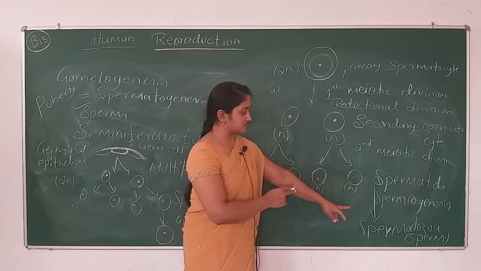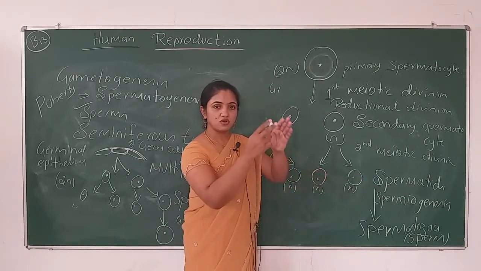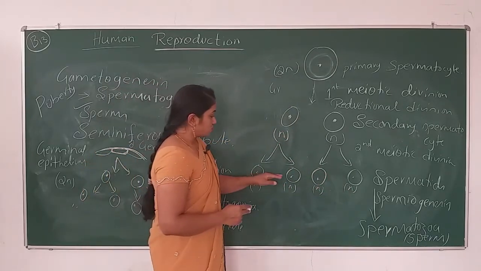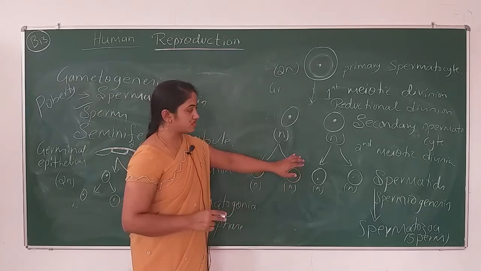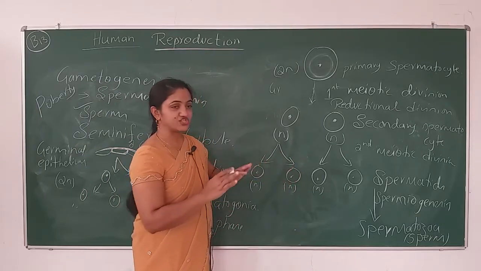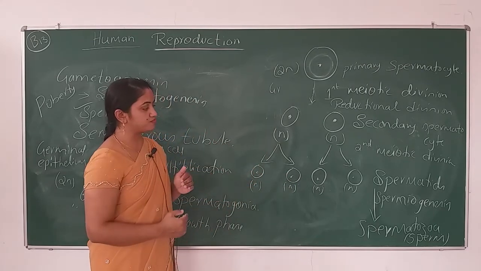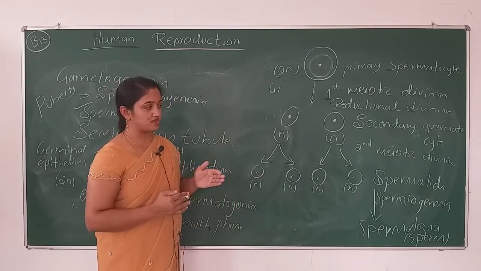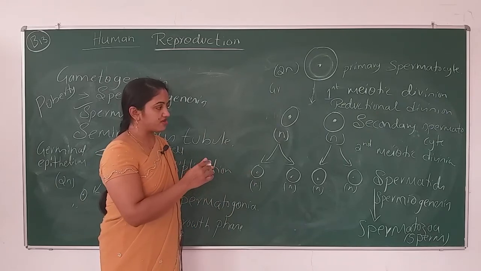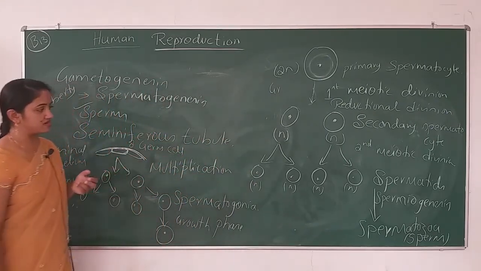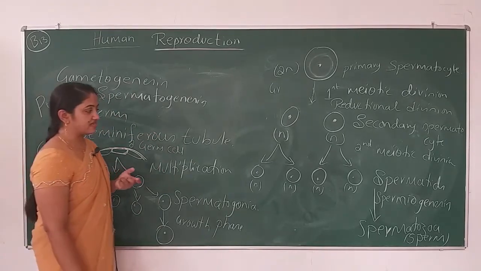If I draw the structure of the sperm, you will come to know its exact structure. How the spermatid transforms, what changes take place, how the sperms attain their natural structure and become ready to travel from one region to another, we will see in the next session.